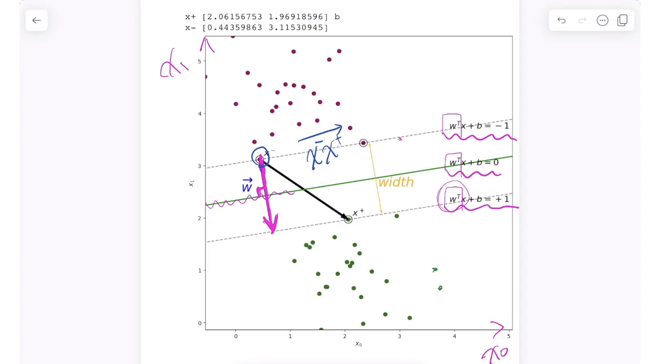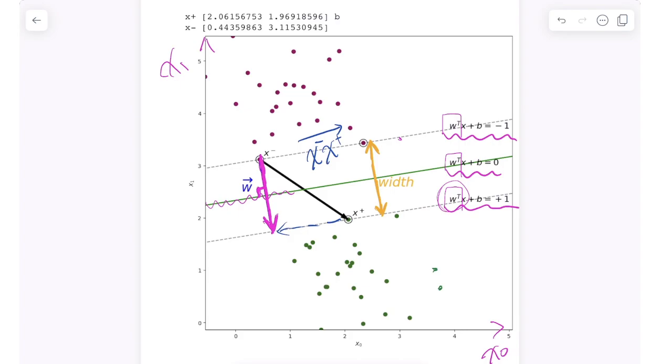Next, if we project the black vector onto the pink vector, the length of the projection is exactly the width between the two support lines, right?